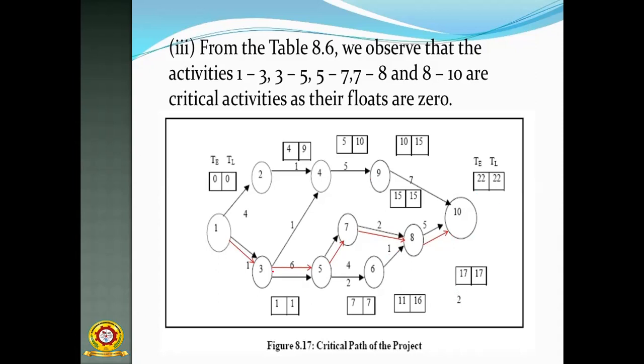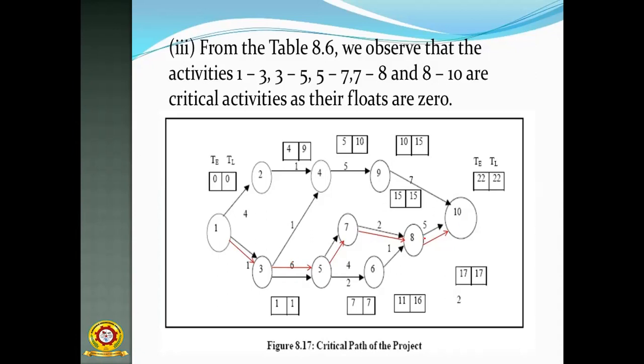According to this, 22 minus 5, that is 17, 17 minus 2, that is 15, 15 minus 4, 11, 11 minus 6, that is 5.